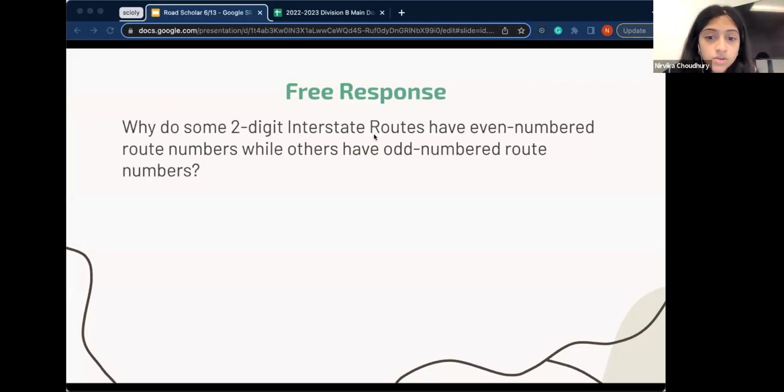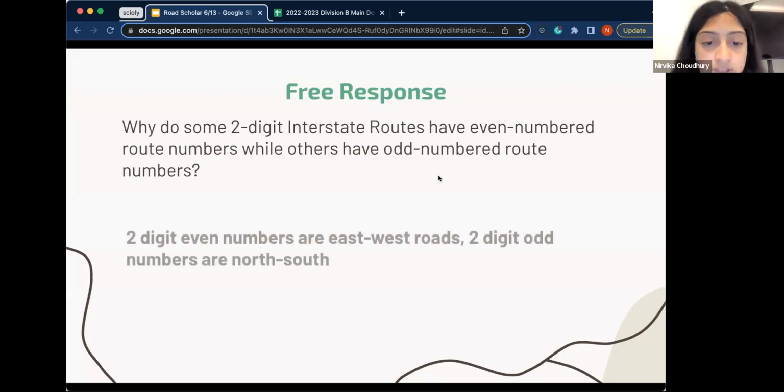Yeah, so the correct answer is that two-digit even numbers are east to west roads and two-digit odd numbers are north to south. Okay, that's all I had.